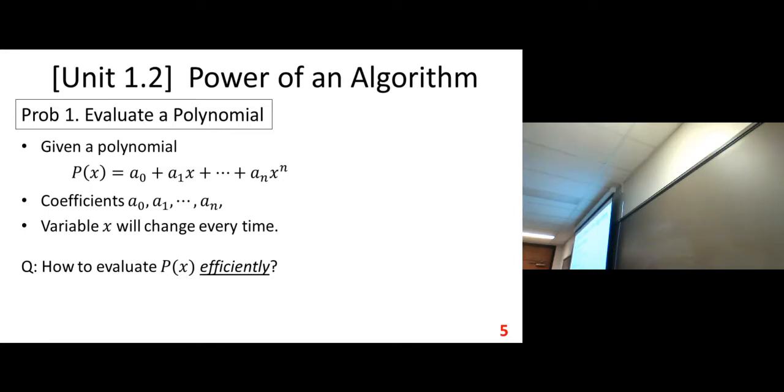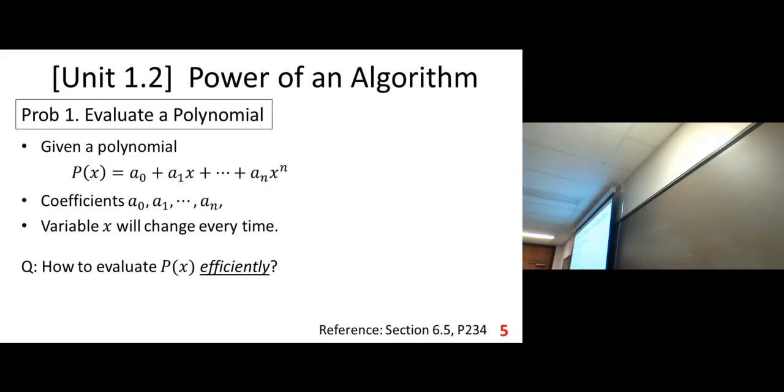Usually in this class, even if you get a correct answer, you're not very satisfied. You want to get the fastest way to find the right answer. That's more important. Saving time is the same as saving money, right? So that's why 90% of the time we spend on efficiency.